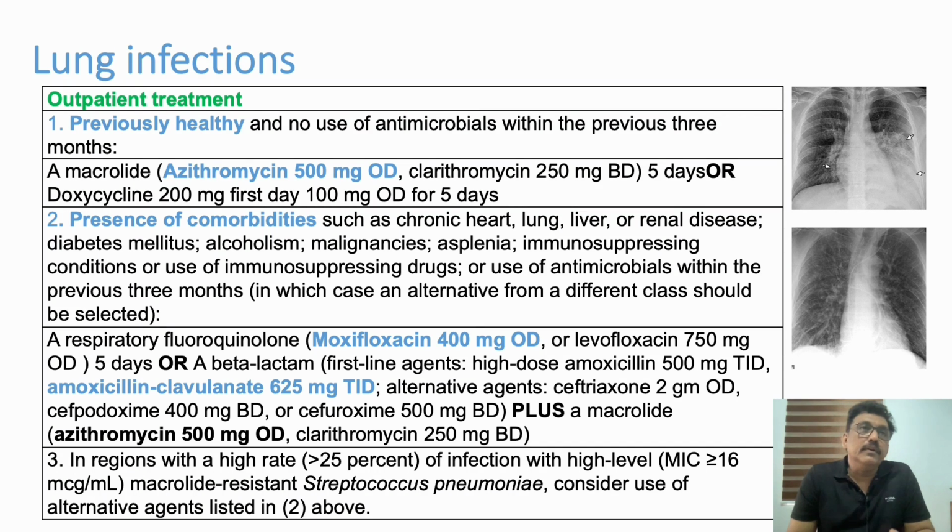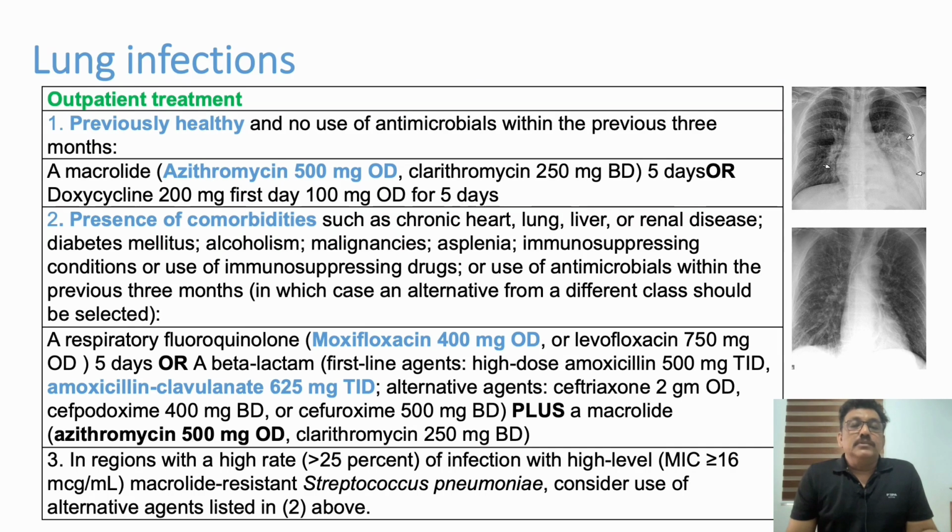So we cannot use only gram-positive antibiotic coverage. So we go for moxifloxacin 400 mg OD or levofloxacin 750 mg OD. Levofloxacin is available as 500 mg tablets, but we have to give 1.5 tablets daily for any normal weight person.